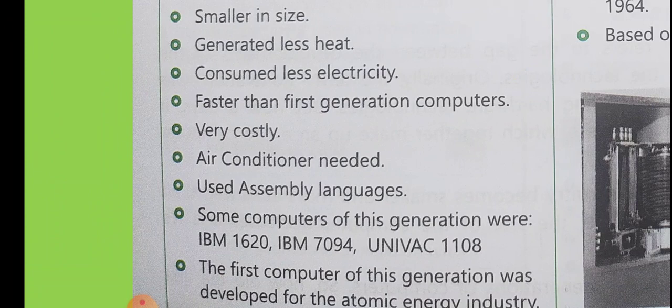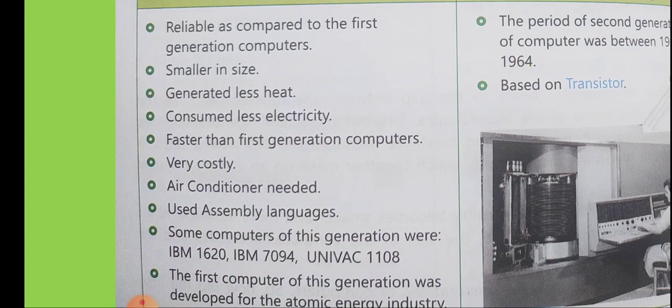In today's class we learn only two generations, first and second, and in our next class we learn the third, fourth and fifth generations. Okay students, watch this video carefully and do the questions based on these two generations. Thank you.